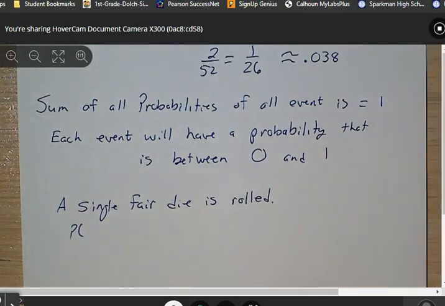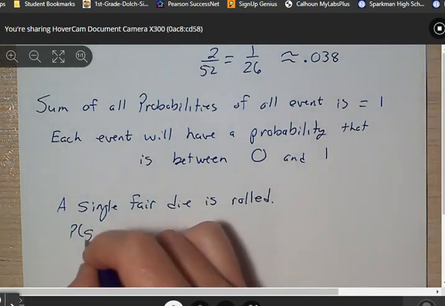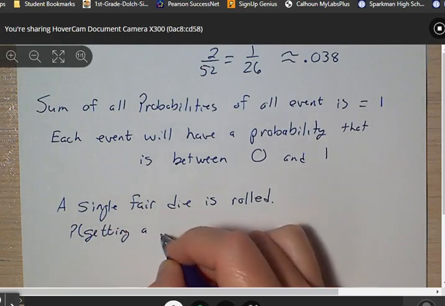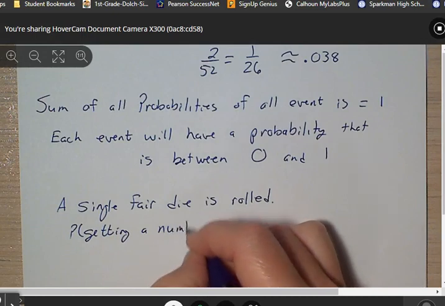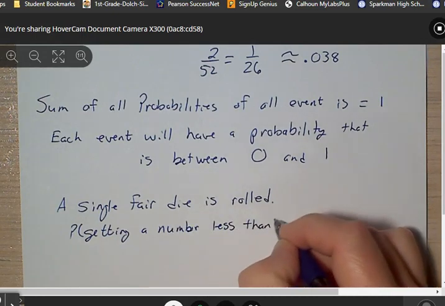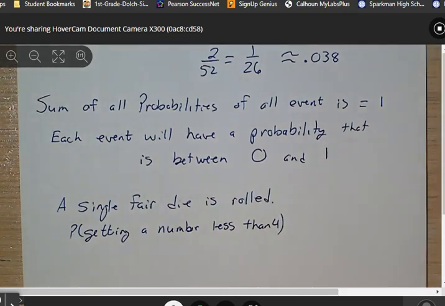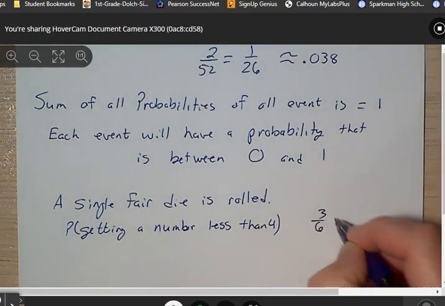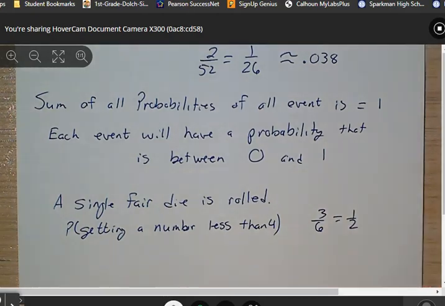And they may ask what's the probability of getting a number less than 4. Well, less than 4, that's 1, 2, or 3. So that's 3 out of the 6. So that would be half.